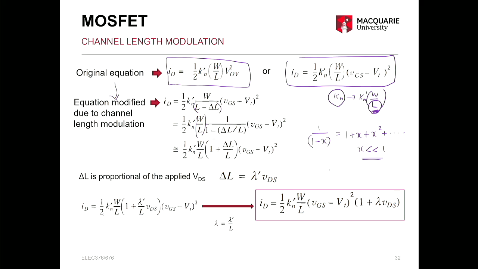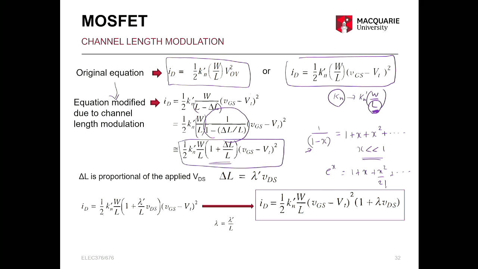Just like we have e power x equal to 1 plus x plus x squared by 2 factorial plus etc. So we made use of that. This is like 1 divided by 1 minus x, x being delta L by L, and we know that delta L is quite small compared to the total length of the channel. So x is much less than 1, and we can write it as 1 plus x, which is 1 plus delta L by L. So that is the final equation.